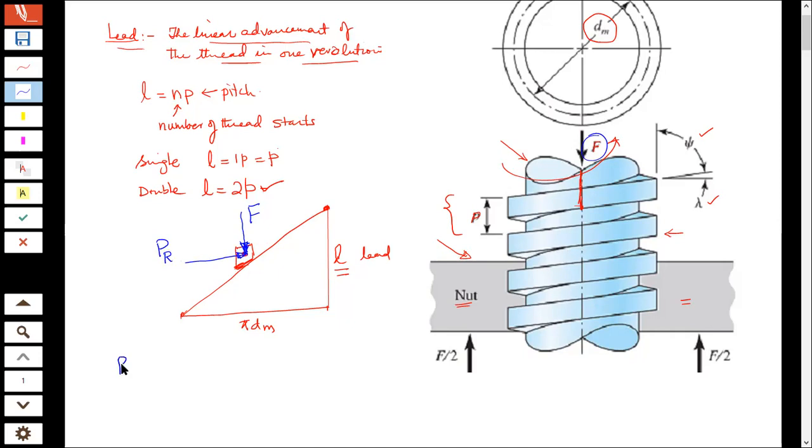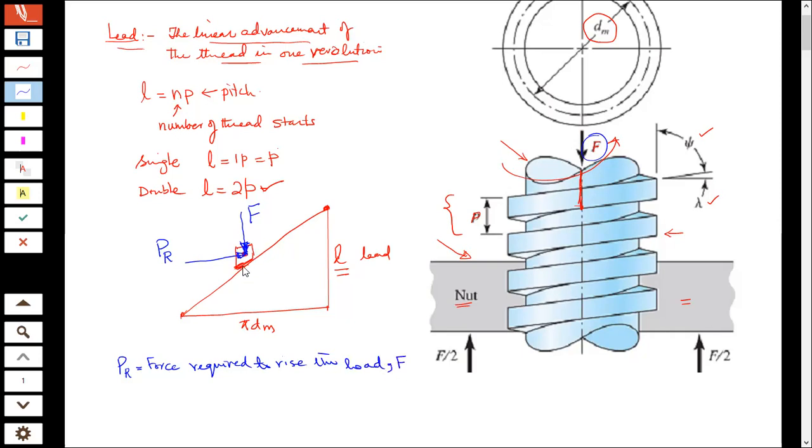PR is the force required to raise the load F.